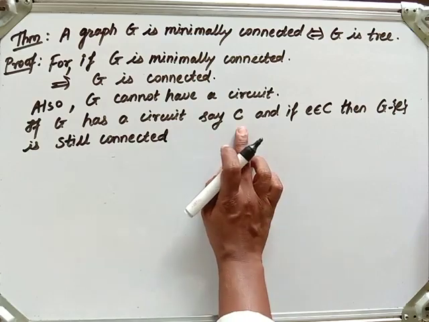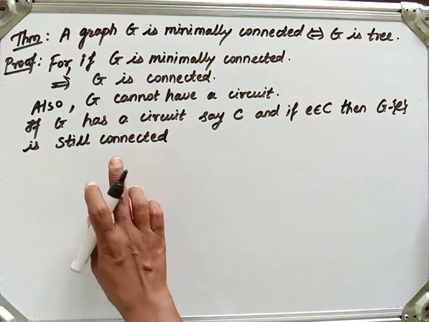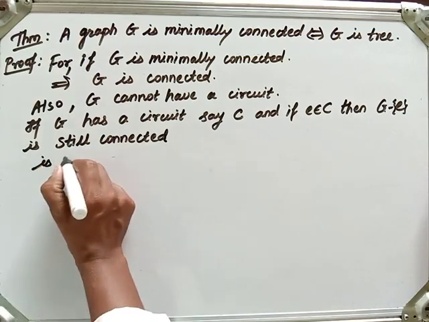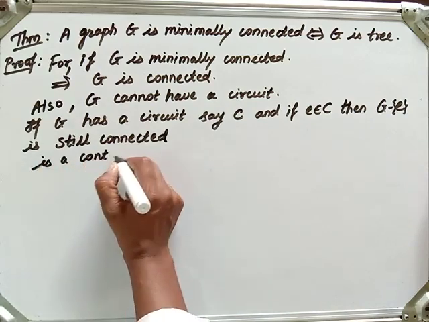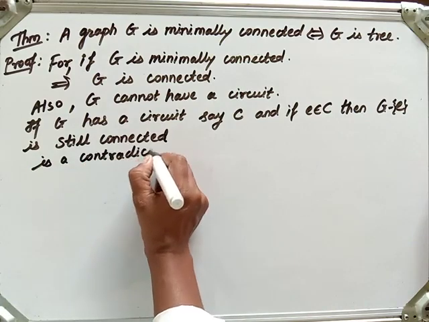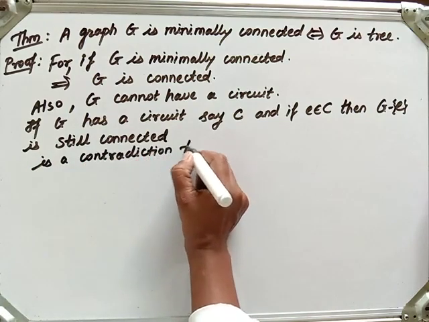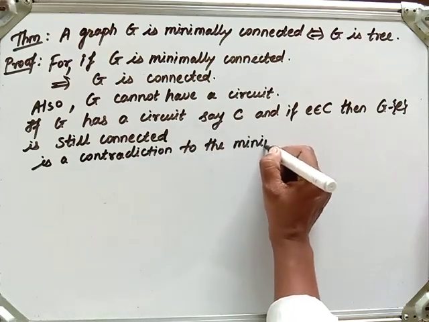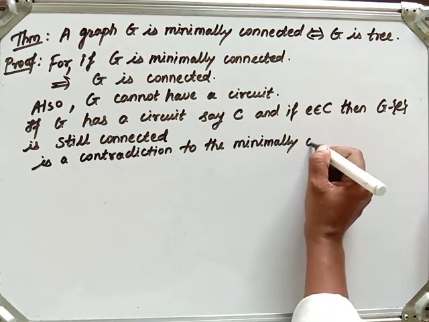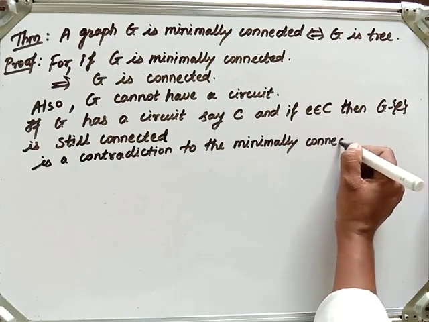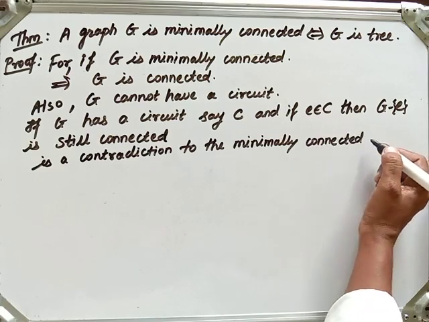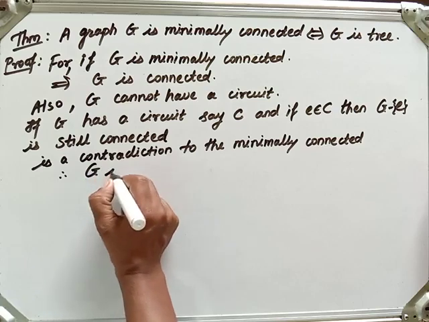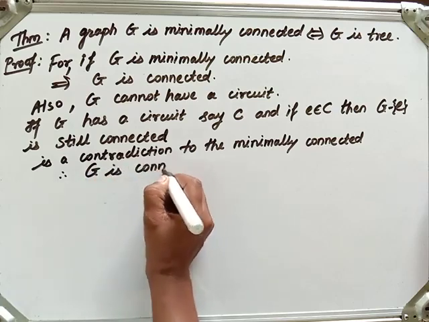So if it has a circuit and we remove an edge and it still remains connected, that is a contradiction to the definition of minimally connected. Therefore G is connected and circuitless.